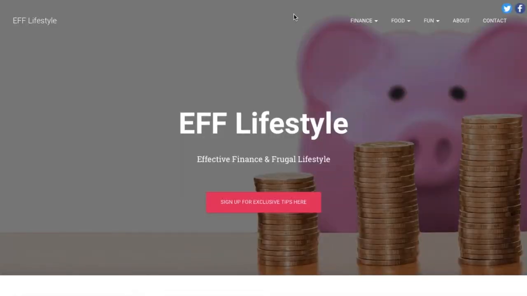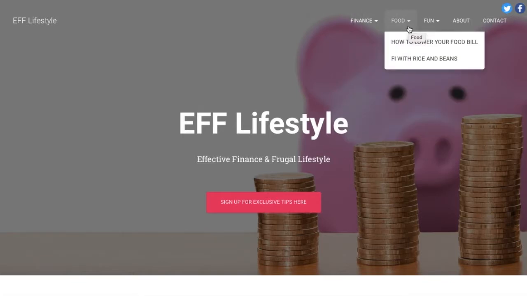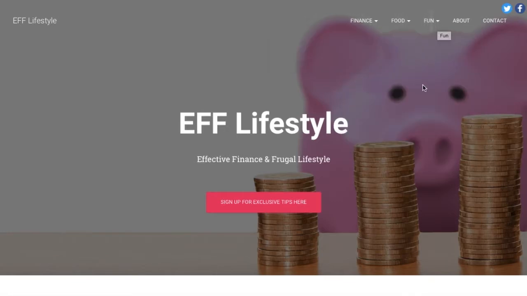Another example is a website or blog called F Lifestyle, Effective Finance and Frugal Lifestyle. They have a few different categories here, but everything is about finance. Again, even the food category, how to lower your food bill, financial independence with rice and beans, and fun and frugal date ideas. Everything is about finance.